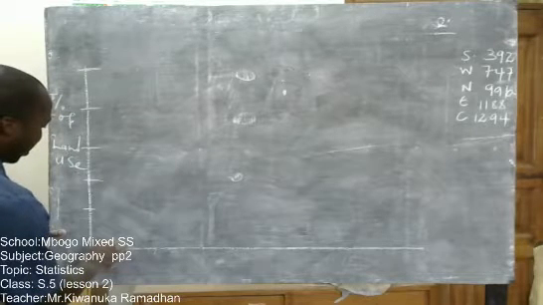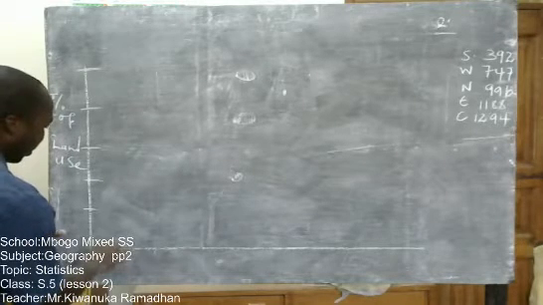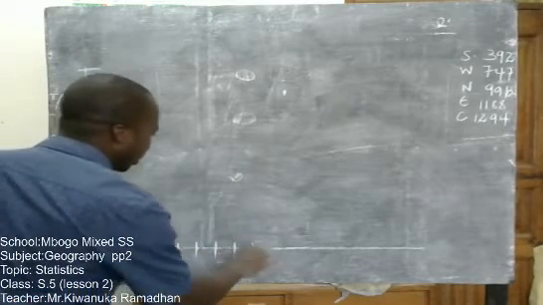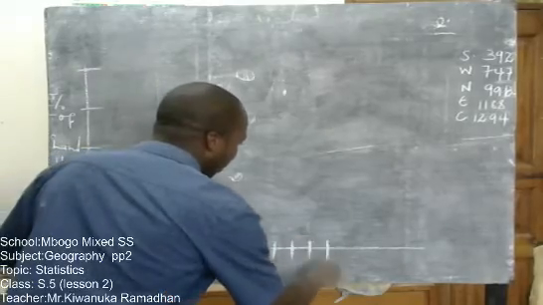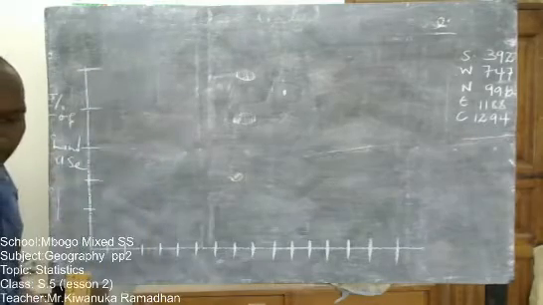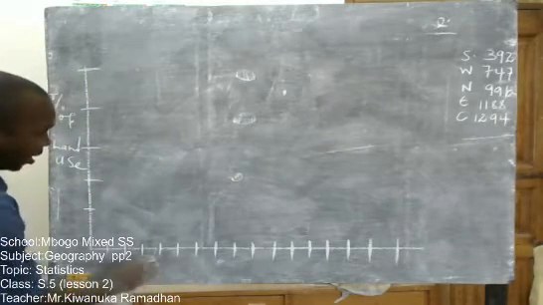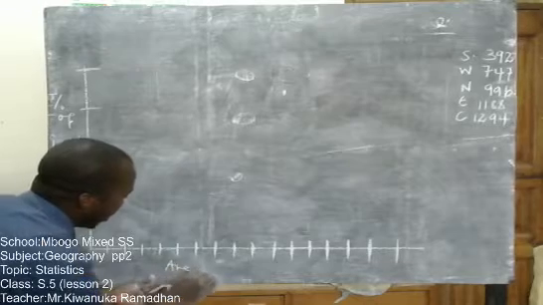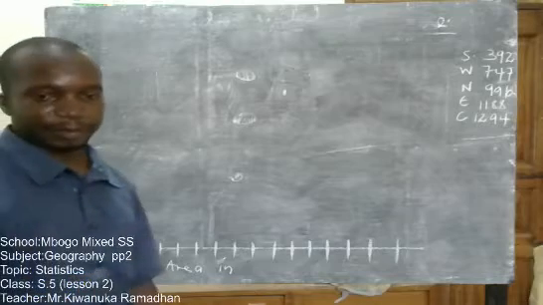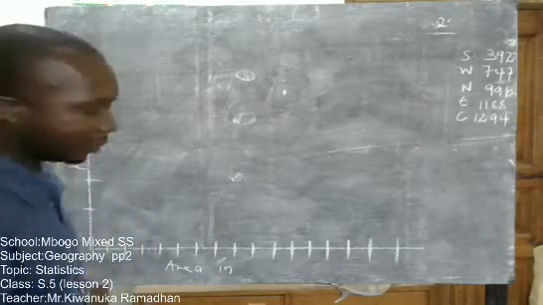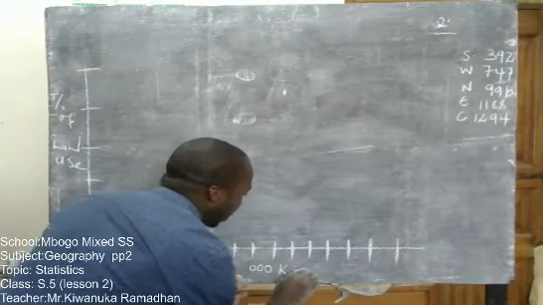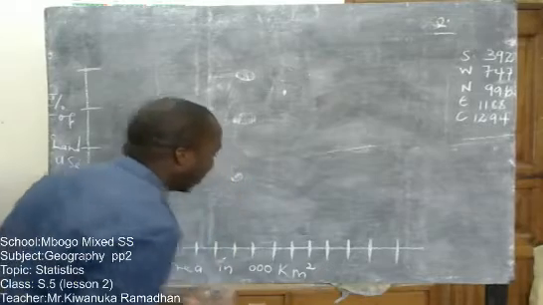Then here this is area in, when you look at the table that we had, our table was in thousands, area in 1,000 square kilometers.